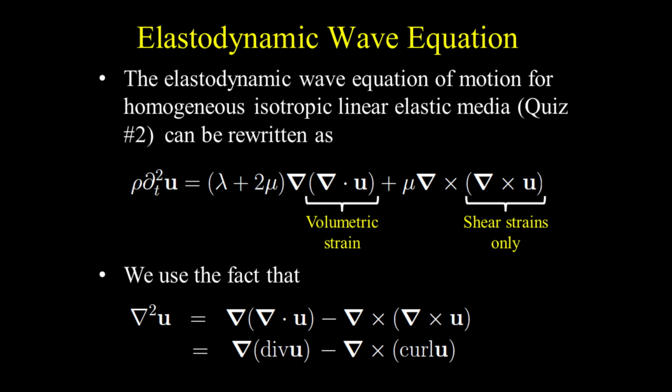This equation is one of the most complicated differential equations in classical physics. Further insight into the structure of this equation is obtained by introducing the Helmholtz decomposition of the particle displacement into scalar and vector potentials.